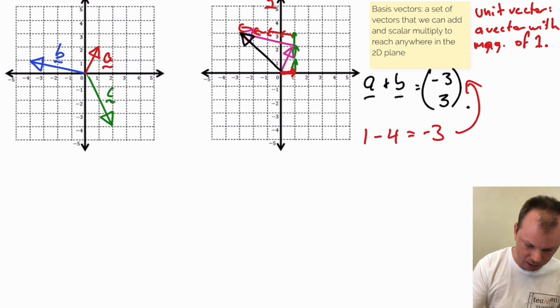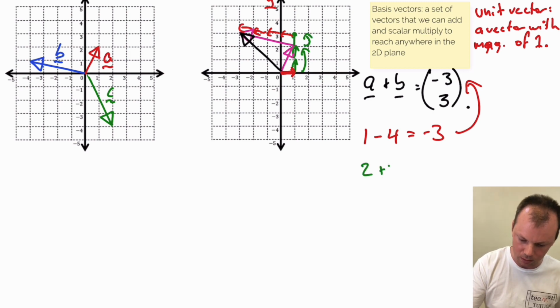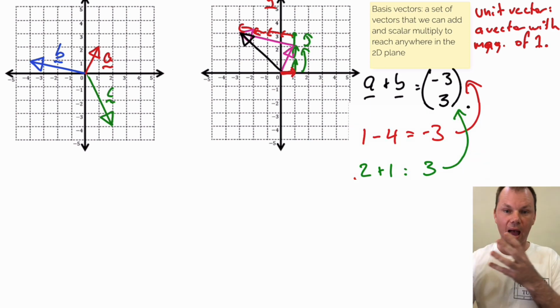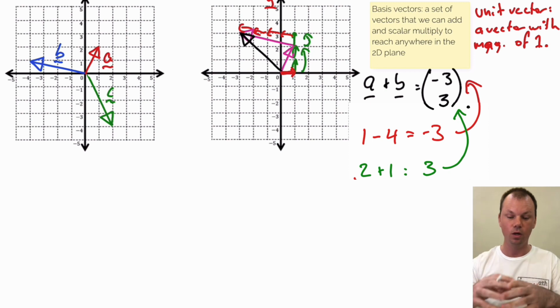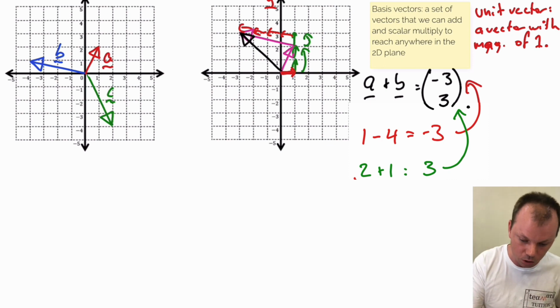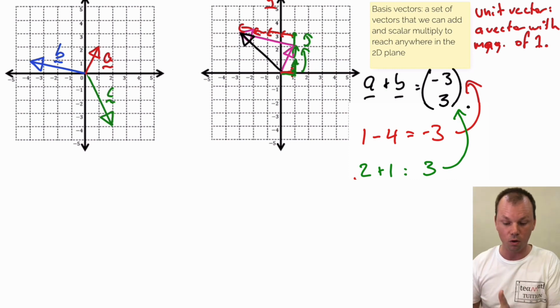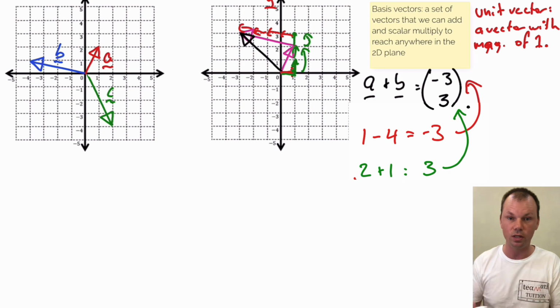In the y direction, we are going up 2, and then we are adding another 1 to end up 3 in the y direction. So by adding the component vectors together, we end up with the same result as if we just add the vectors together, which should feel fairly intuitive because all we're doing is adding these vectors via the tip to tail method, right?